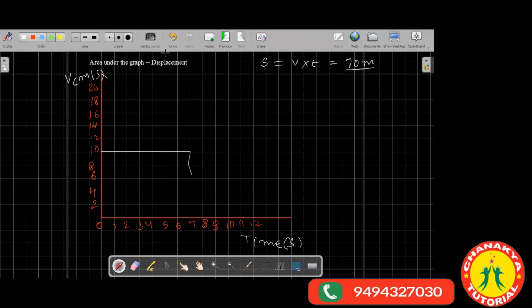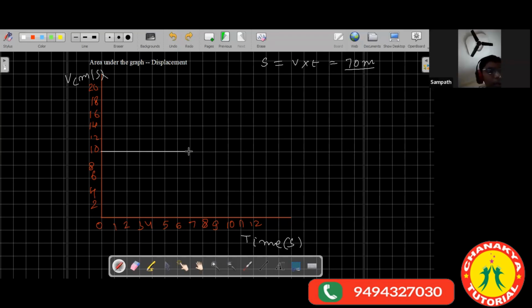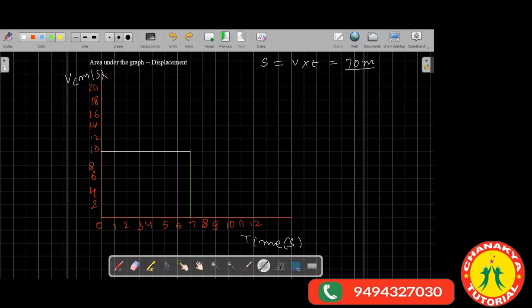Can you find out the area under this graph? It represents a rectangle like this. Can we find out the area of this rectangle?